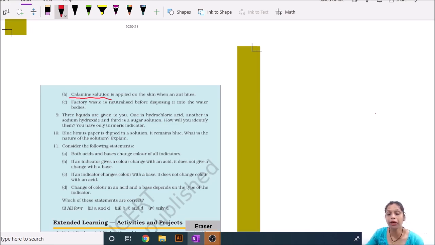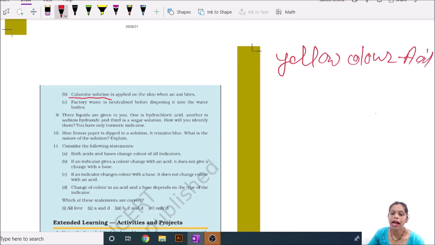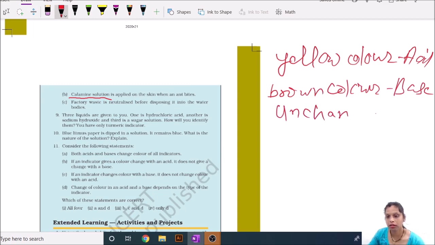Turmeric indicator gives a yellow color with the acid and brown color with the base, and remains unchanged in sugar solution.